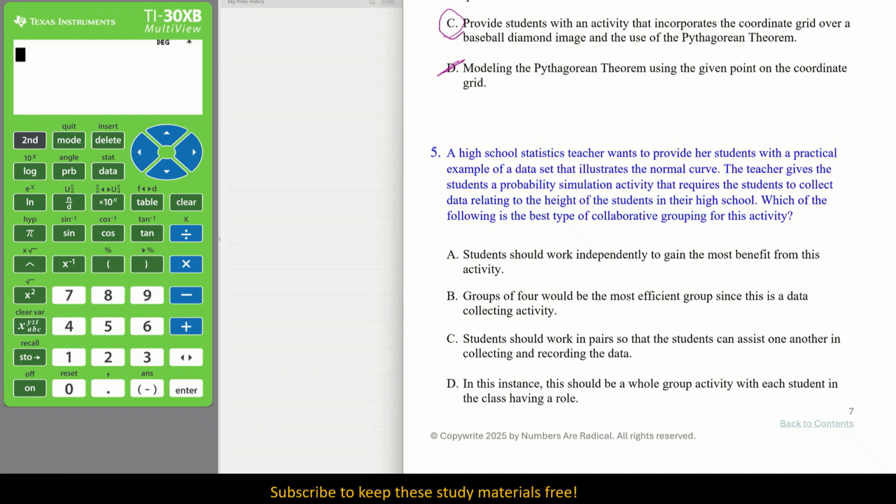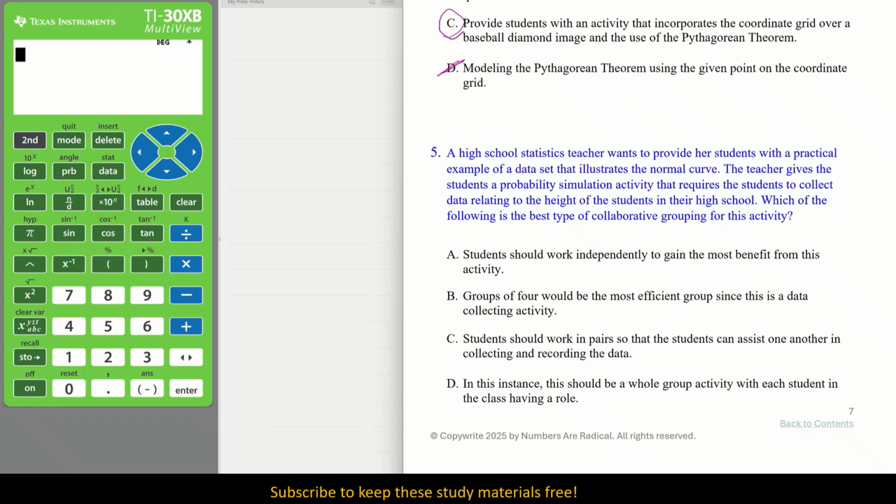I could see it. So they're going to have a little survey and go around and pick so many people at random to ask them their height. That would make sense. Which of the following is the best type of collaborative grouping for the activity?